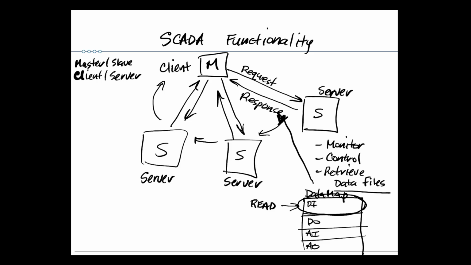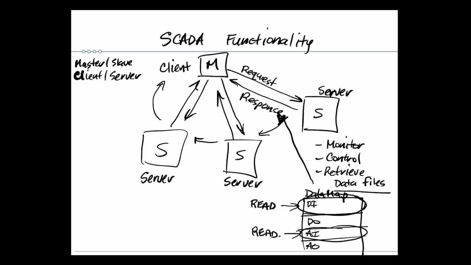So when we look at an input data type like a DI, the functionality we would need, we'd need to be able to read it, right? So remotely we want to read a DI. Well, it would be the same thing for the analog input data type. Notice it's an input data type, so we would want to be able to read it as well.